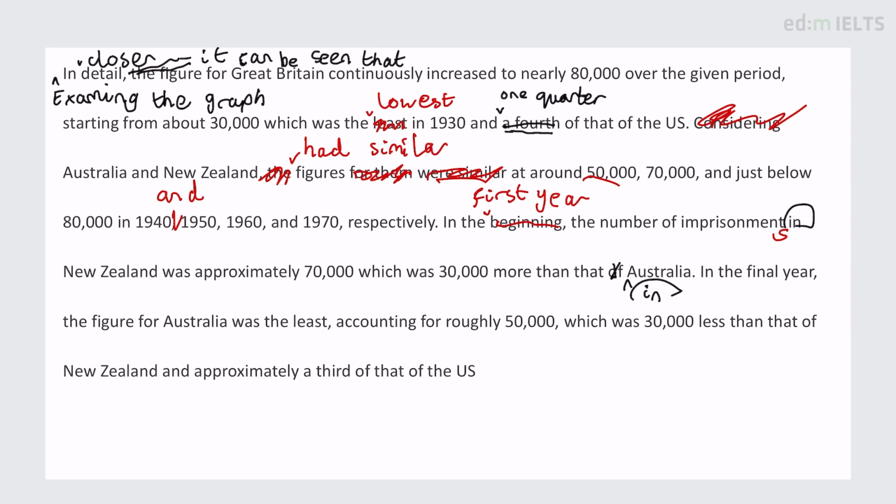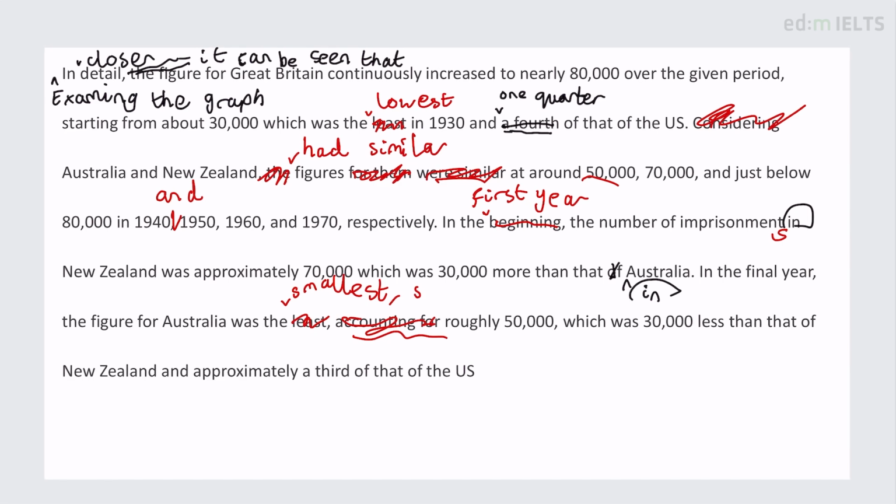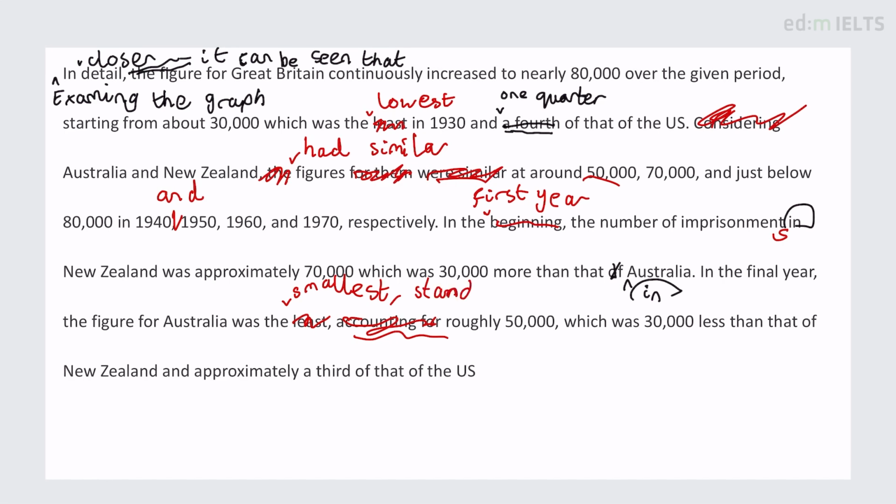In the final year, the figure for Australia was the lowest or the smallest, because I said least before. Accounting for is used incorrectly here, standing up roughly 50,000. Accounting for can be good for task 1 essays, but it's usually used for things like pie charts, giving proportions.